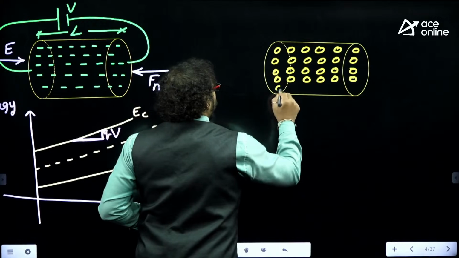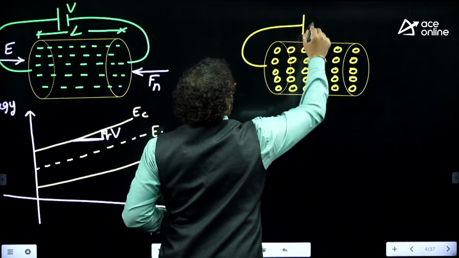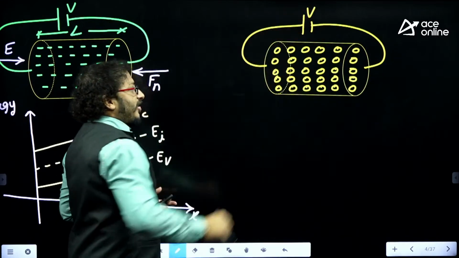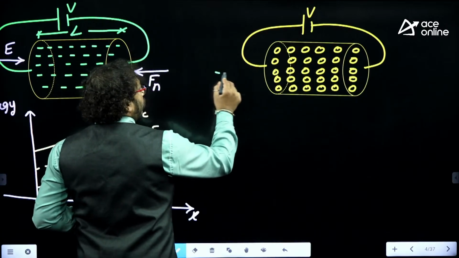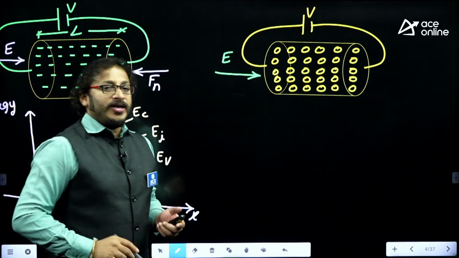Now here we are providing a battery or a voltage supply like this. The same way as I have given here, I'm providing a voltage V across the length L. Whenever voltage is applied, no doubt an electric field exists, an external or applied electric field.